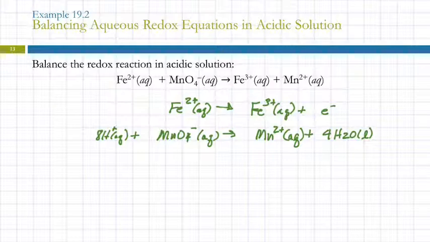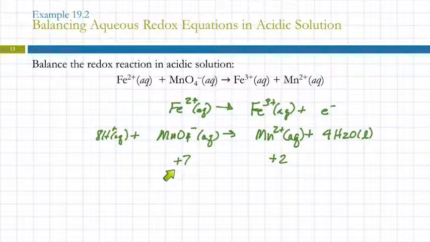In the lower one, we've got more charges hanging around. We've got positive 8 and this negative 1. So we've got a total of positive 7 on that side. And over here we have positive 2. So it might be helpful to write that out. There I've got plus 2. Here I've got plus 7. Adding negative electrons.